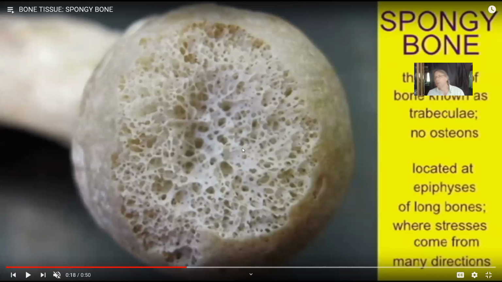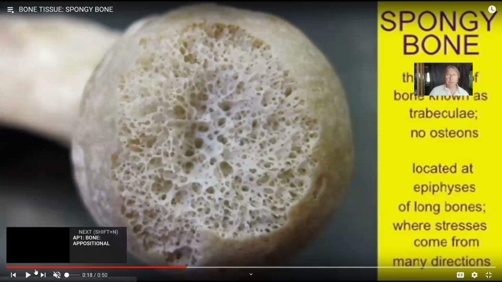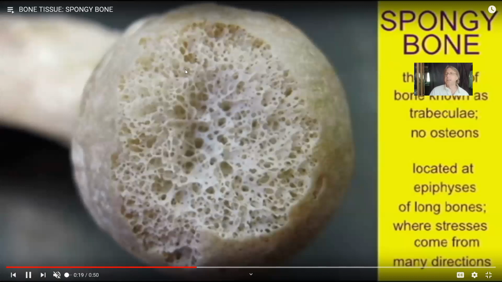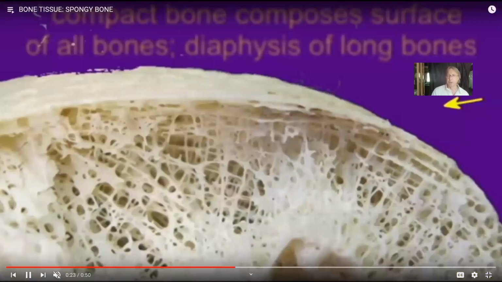So, when you're moving or dancing or whatever, as the center of gravity shifts, how stresses are reaching the epiphysis of the femur would vary. So we need a different type of bone there, which can withstand stresses from multiple directions.